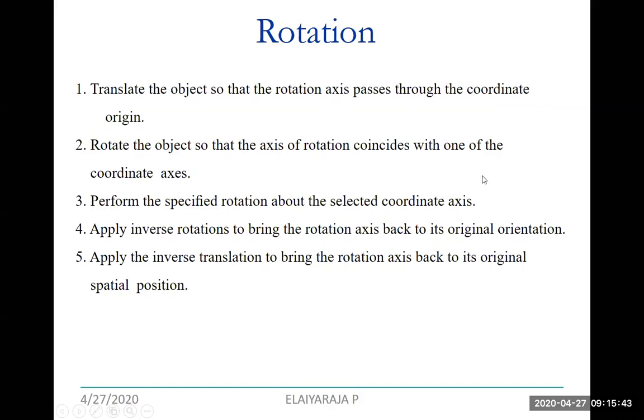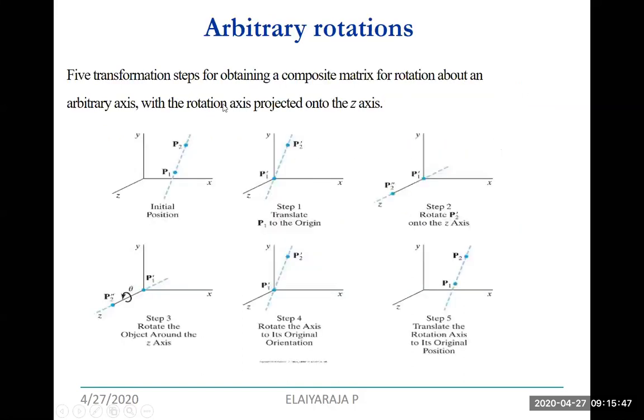And what we discussed about arbitrary rotations: take the initial position of the object, bring it to the coordinate origin, rotate onto the z axis, rotate the object around the z axis, then bring it back to the original orientation, which means inverse rotation, then inverse translation.